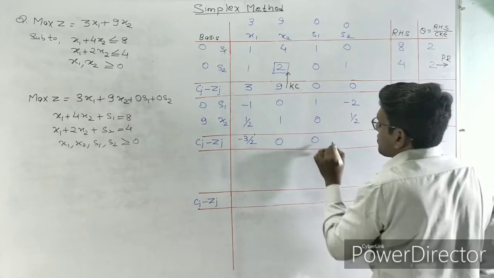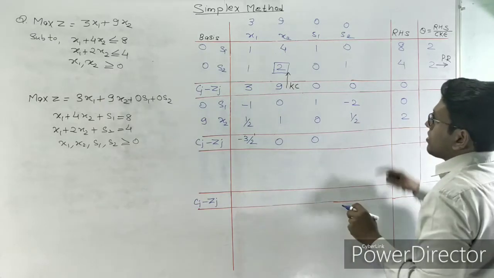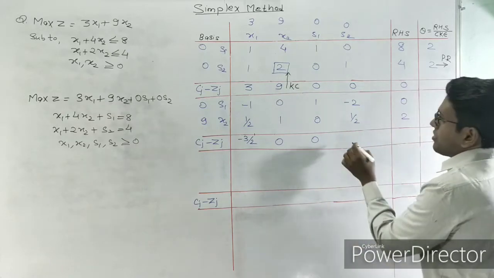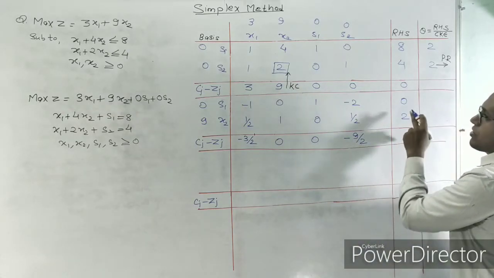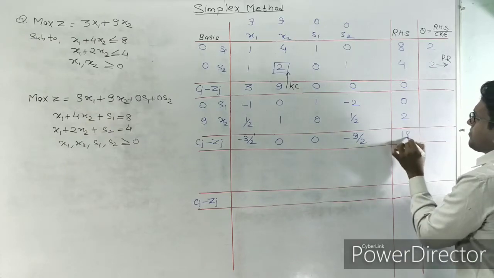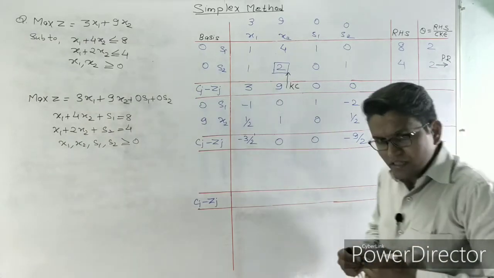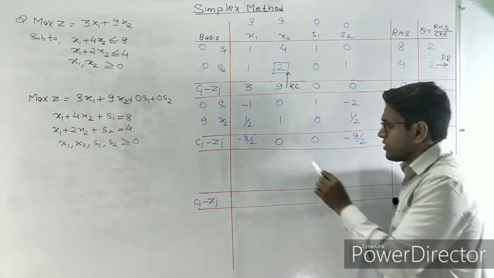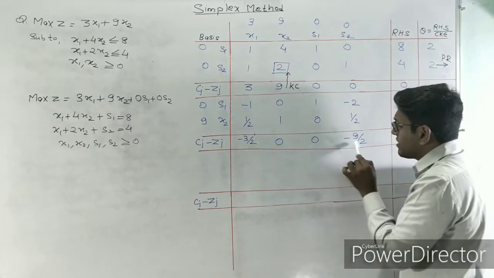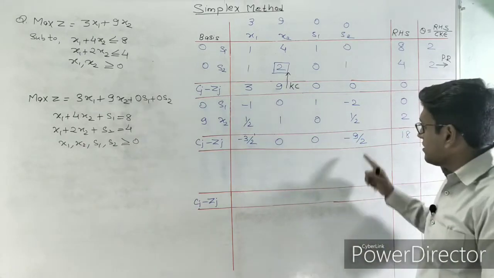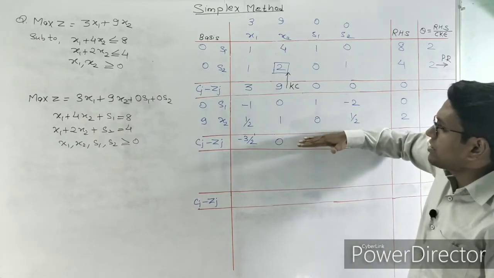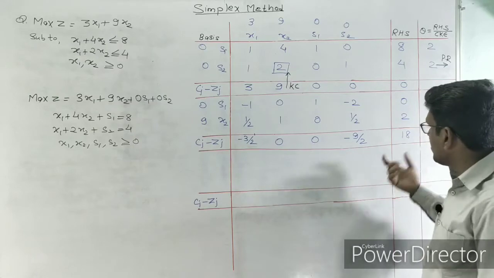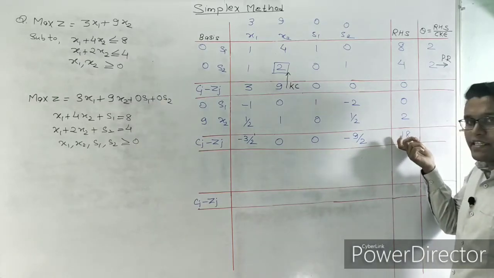So the value of Cj minus Zj is 0, and this will again be minus 9 by 2, this will be 18. Now as we see here, all the values in the Cj minus Zj row are either 0 or negative, that means our solution here is optimal and the value of Z is coming as 18.